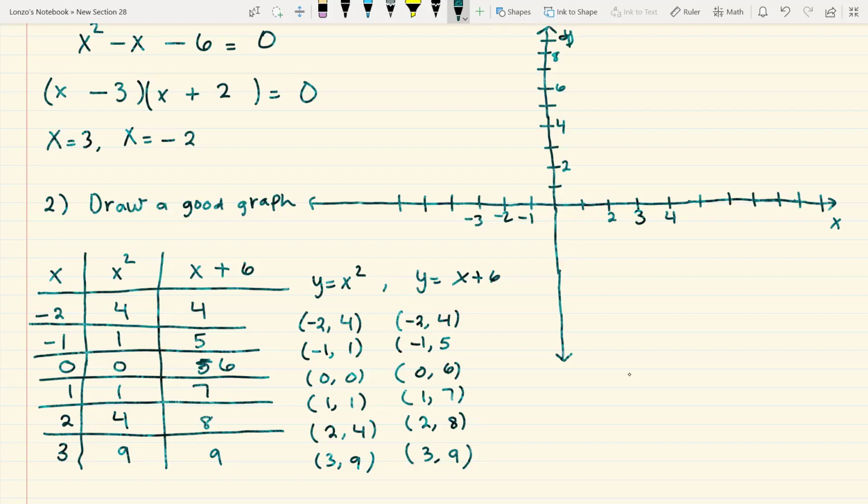Let me choose a different color to separate them. Let's use gold for y equals x squared. So -2, 4 is right here. -1, 1 is right there. 0, 0, 1, 1, 2, 4, 3, 9.